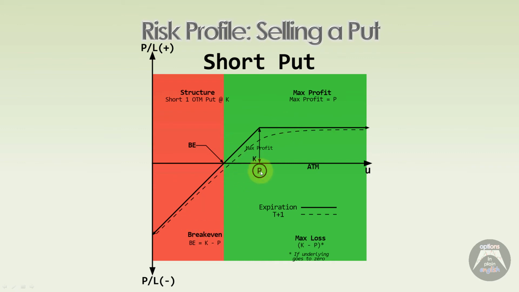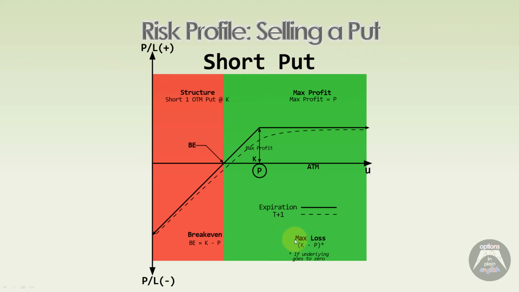Once it starts going in the money, you're still protected by the credit that you got. So you start losing money, but you're only even at a point where the break even is equal to the strike where you have your put minus the credit that you got for it. So K minus P is going to be the break even.